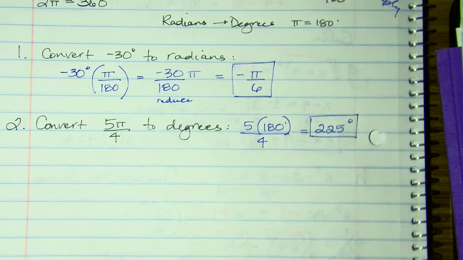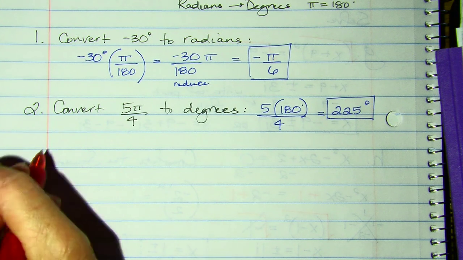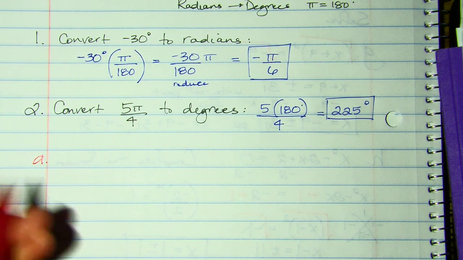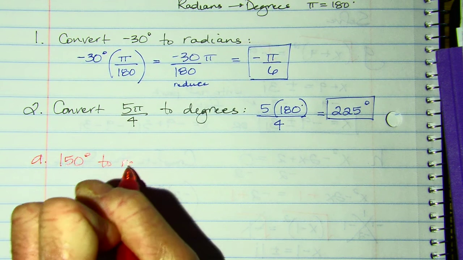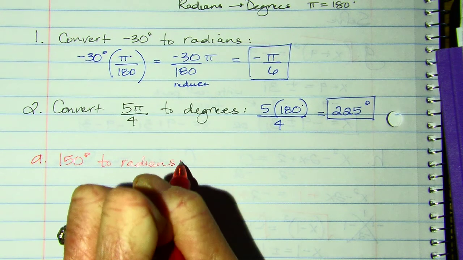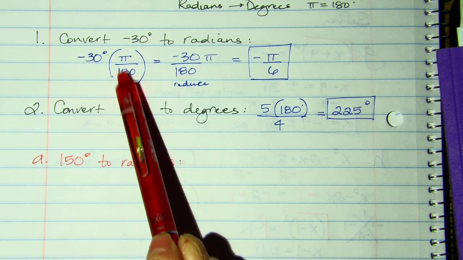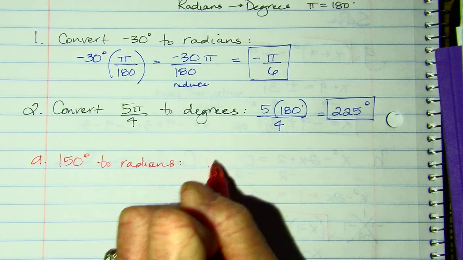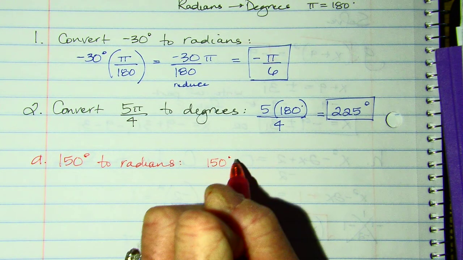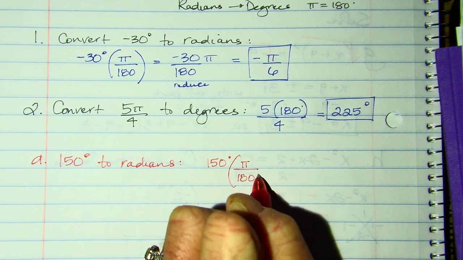Okay, so let's try the two in our book. In part A, it asks us to convert 150 degrees to radians. We'll look at the example I did with you. We took the degrees and multiplied by pi over 180. So 150 degrees times pi over 180.